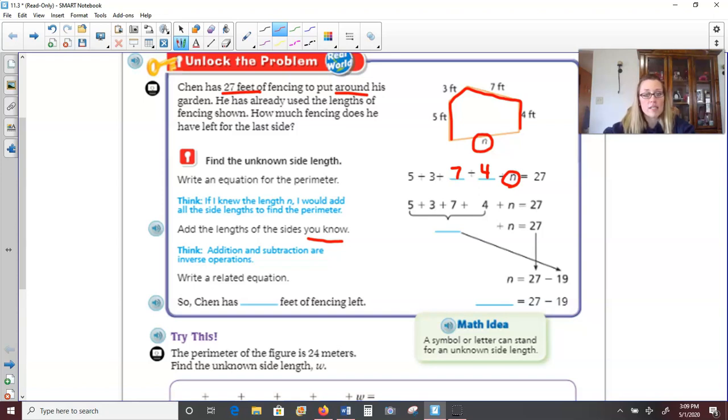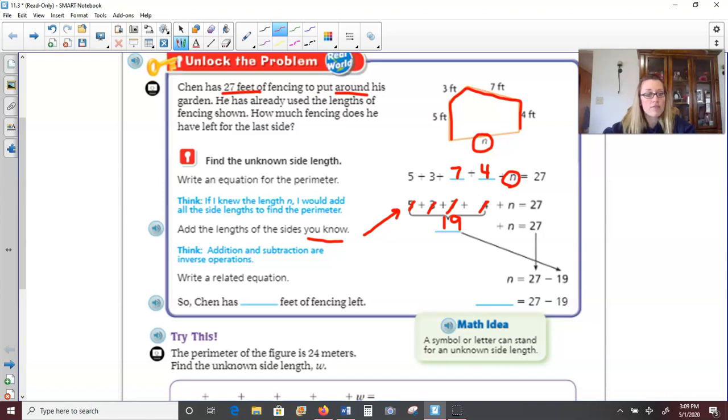So we are going to add the side lengths that we do know right here. So let's see, I'm going to do 3 plus 7 because that makes a nice 10. And then I know 5 and 4 equals 9. So the total of those four numbers would be 19. And then, since addition and subtraction are inverse operations, that's just a fancy way of saying that they are opposite one another, we are going to write a related equation.